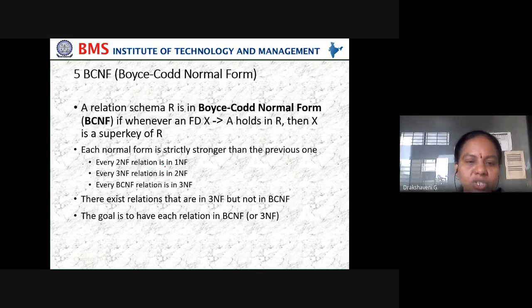Every 2NF relation is in first normal form. Every 3NF relation is in second normal form. Every BCNF relation is in third normal form. There exist relations that are in third normal form but not in BCNF. The goal is to achieve each relation in BCNF or 3NF.